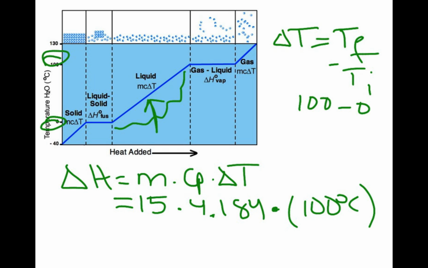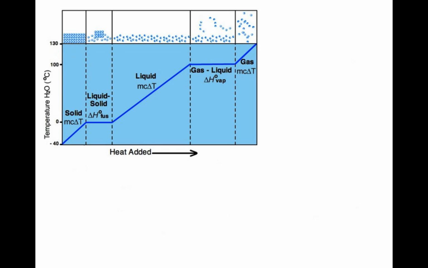So now we're going to multiply them together, and we're going to get a delta H of 6,300 joules of heat are needed to change 15 grams of water at 0 degrees Celsius to 15 grams of water at 100 degrees.